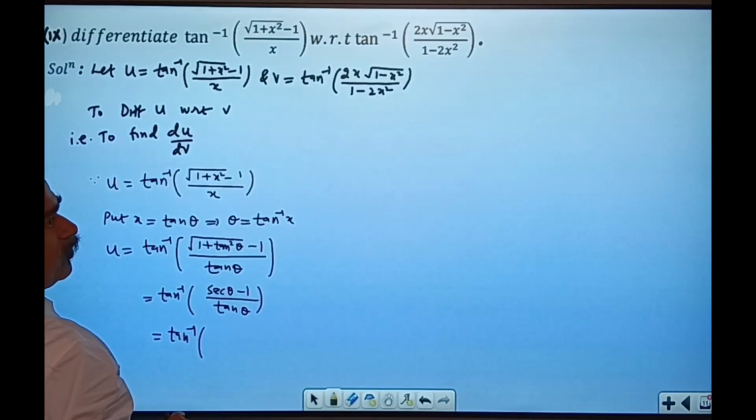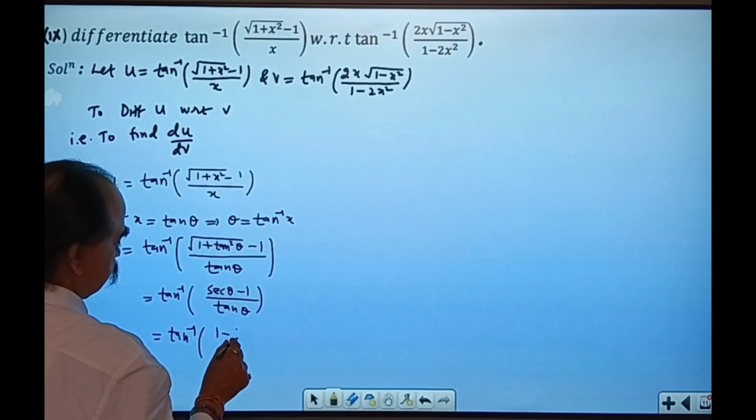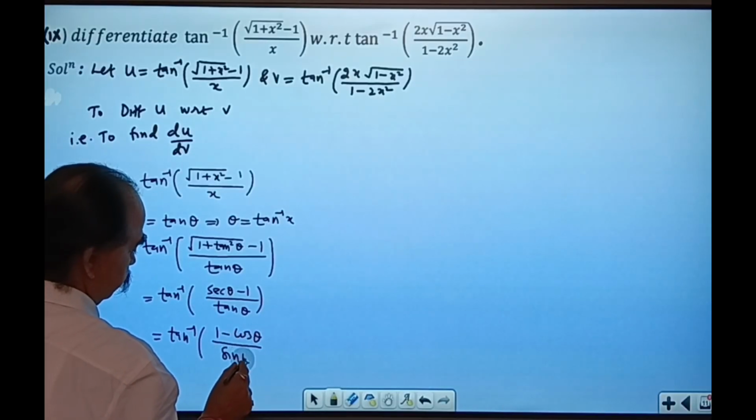Sec you convert to 1 upon cos and tan sine upon cos. So 1 minus cos upon sine.